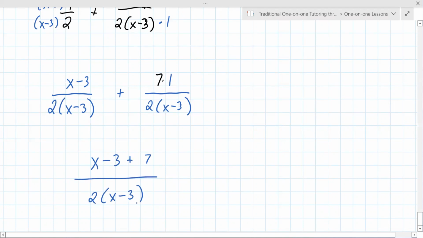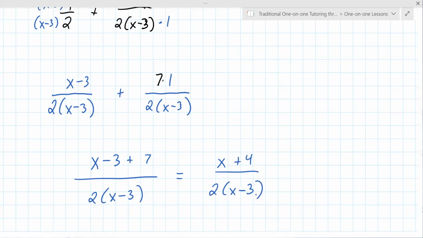Anything you can combine in the top? The -3 and 7. Yes, this becomes x plus 4 over 2 times x minus 3. Now, does anything cancel? No.